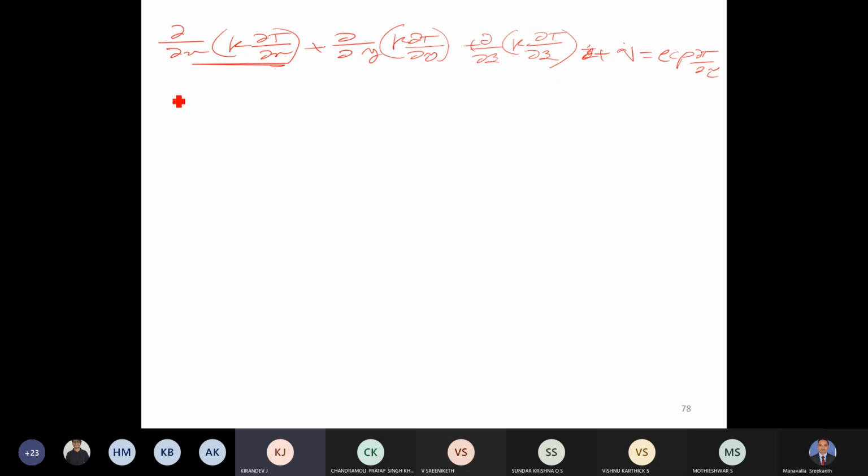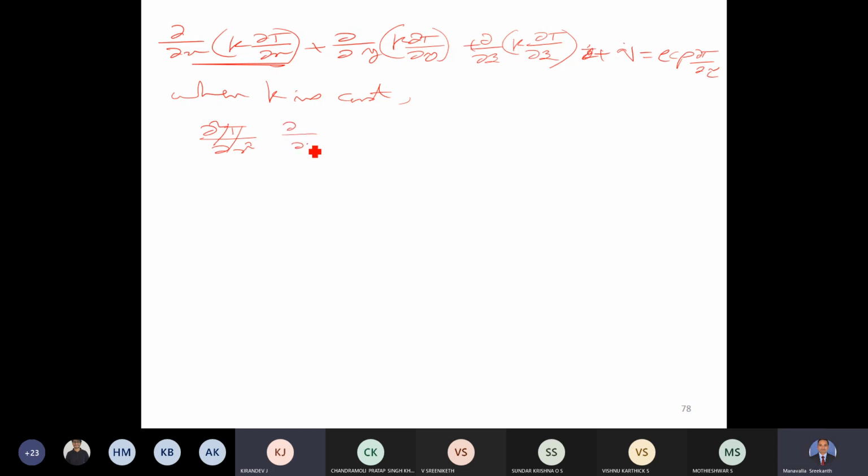So when k is constant, this becomes ∂²T/∂x². We will not expand it, we'll simply take the k out.